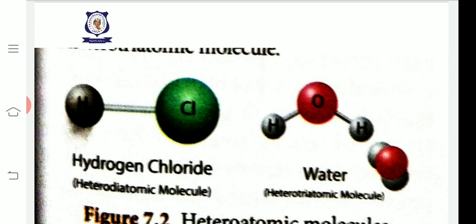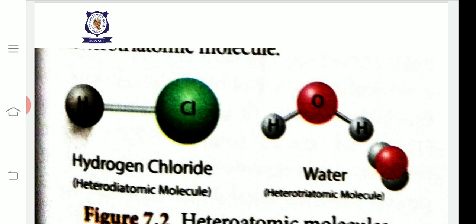Here in this picture, when hydrogen combines with chlorine, it forms hydrogen chloride. Two different elements combine together, and the number of atoms present is 2, so it is called a heterodiatomic molecule. In the case of a water molecule, there are two hydrogen atoms and one oxygen.